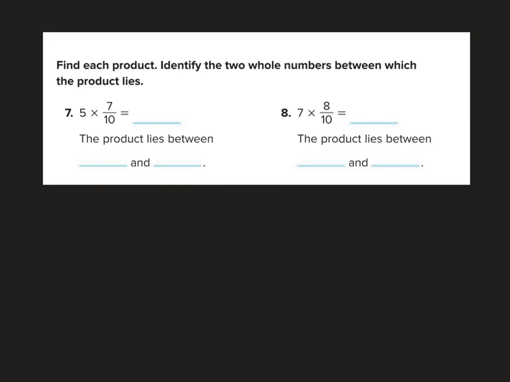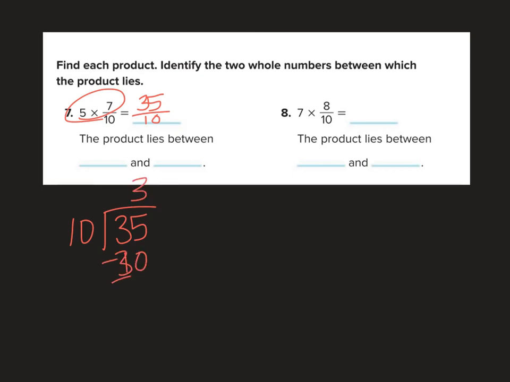Here we go. So 5 times 7 is 35/10. Okay, so I'm going to take 35 divided by 10. 10 goes into 35 3 times, minus 30.